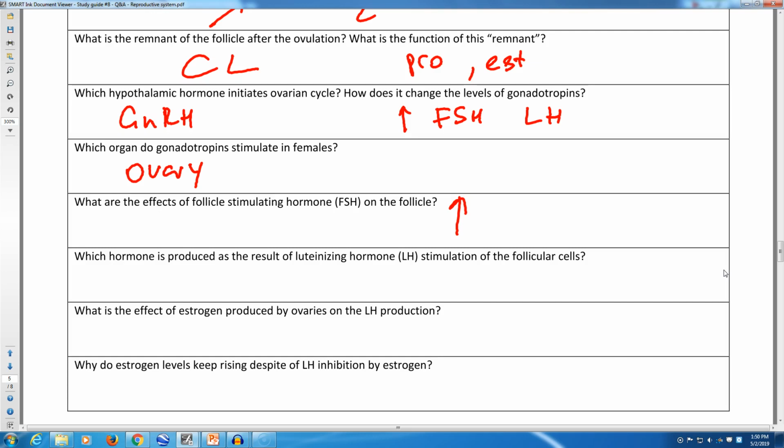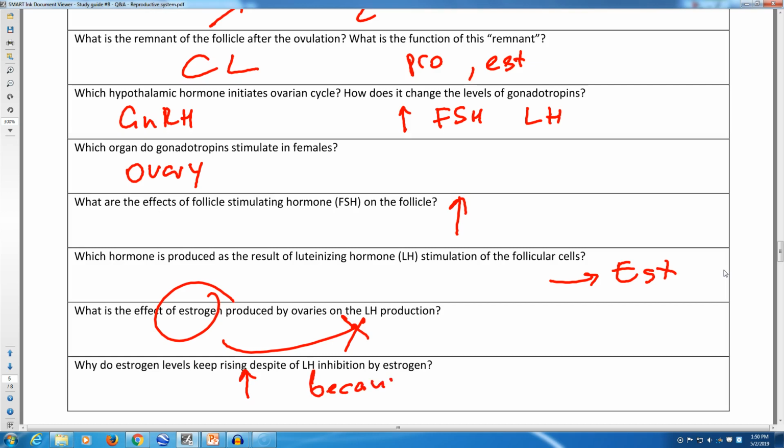Luteinizing hormone stimulates follicular cells, leading to the release of estrogen. Estrogen inhibits luteinizing hormone. So estrogen levels keep rising because the follicle grows.